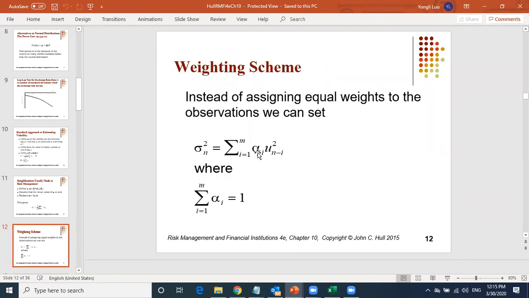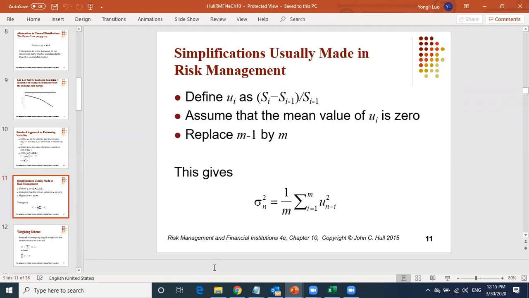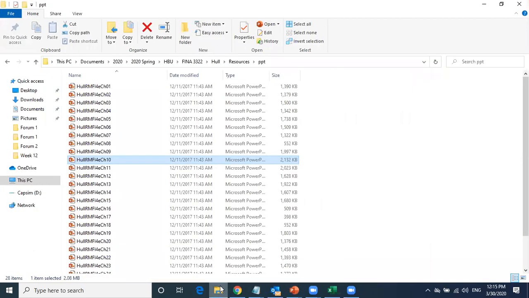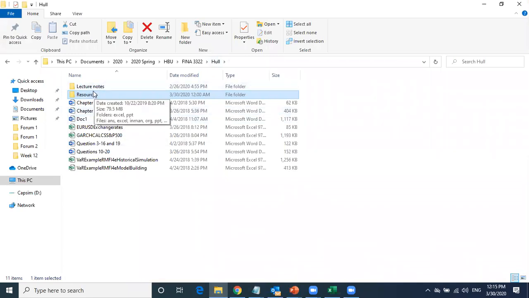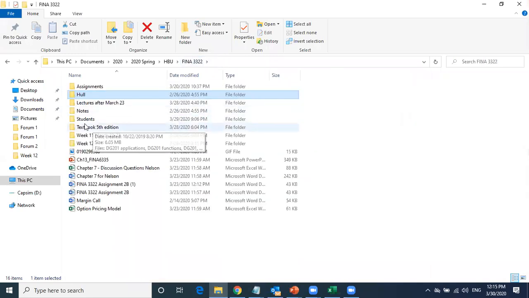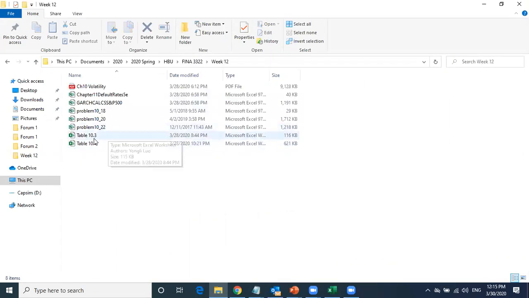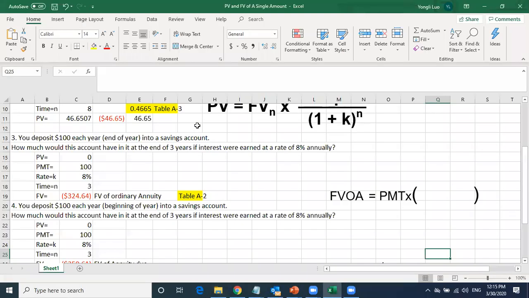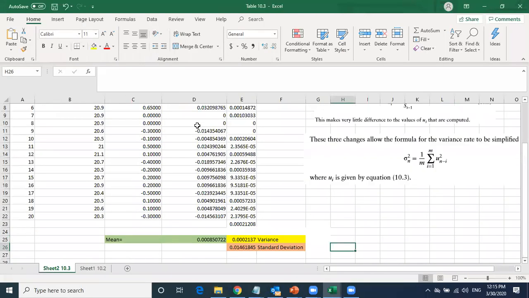Okay, so first we use the example we have from table 10.3.